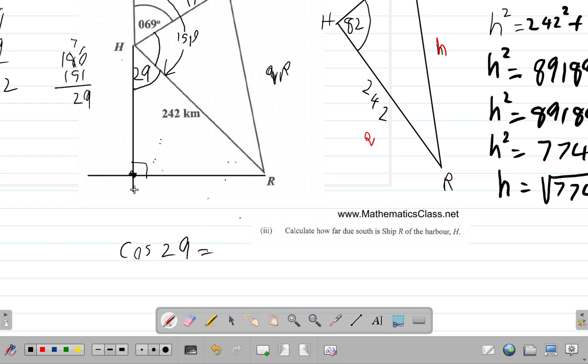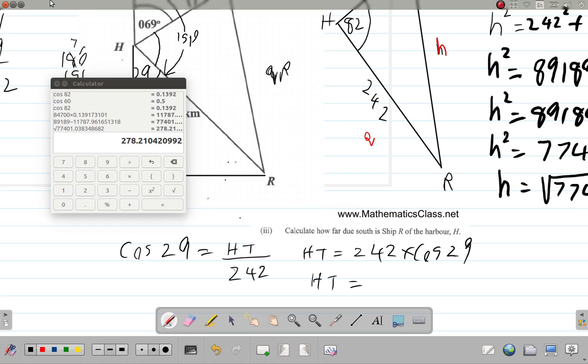Call this point S, no, my S looks like a 5, so call it T. Cos 29 equals HT over 242, so HT would be 242 times cos 29.